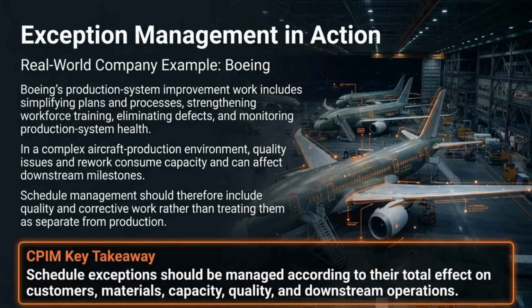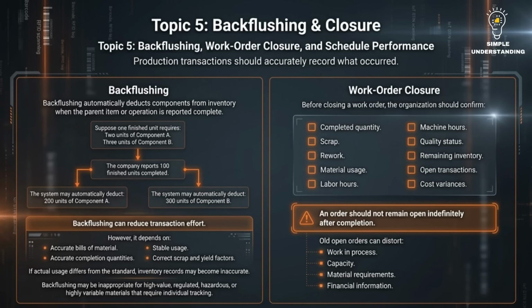Schedule management should therefore include quality and corrective work rather than treating them as separate from production. CPIM key takeaway. Schedule exceptions should be managed according to their total effect on customers, materials, capacity, quality, and downstream work.